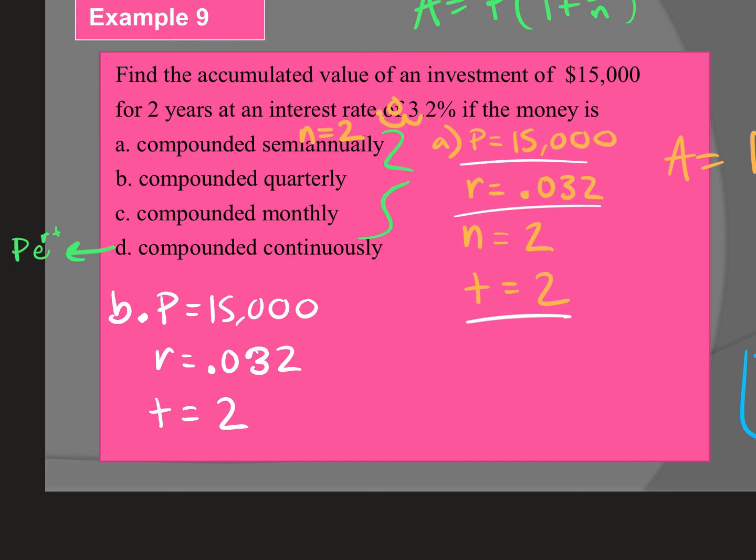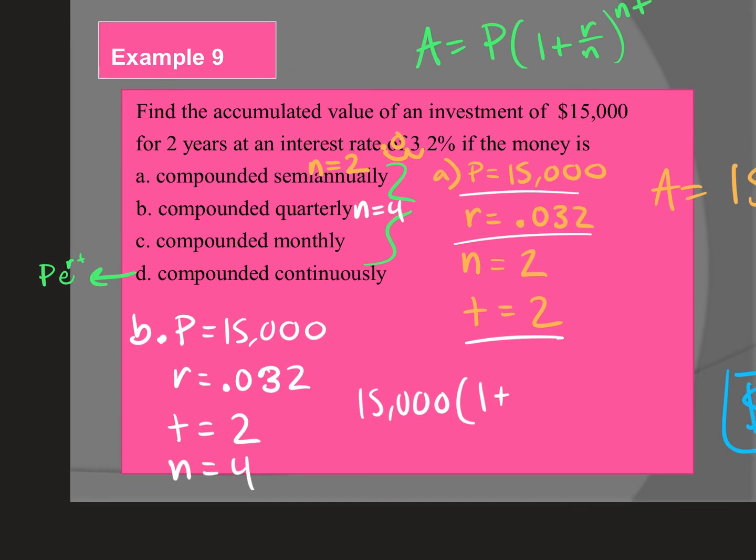But compounded quarterly, how many times does quarterly happen in a year? 4. So n is 4. And then we plug everything in. So 15,000 times 1 plus 0.032 divided by n, which is 4, to the power of n times t, so 2 times 4.